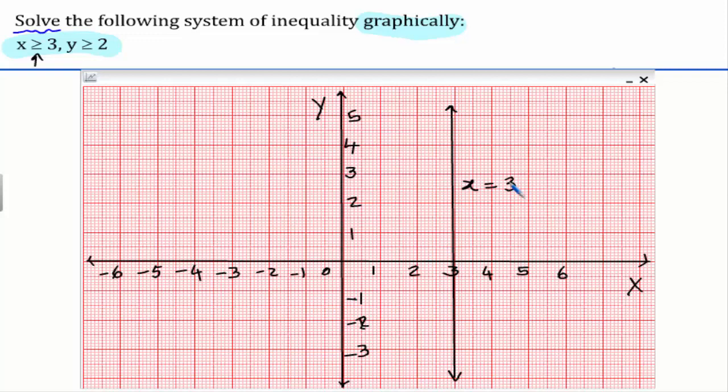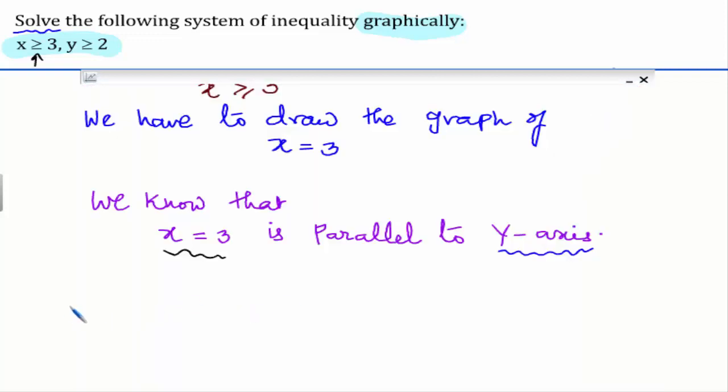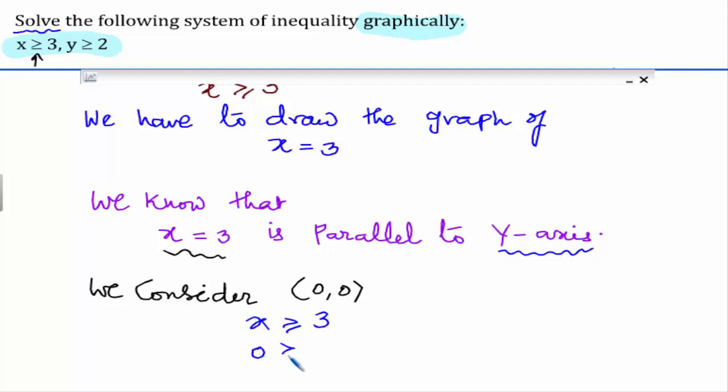Now we have to select the region. For that, we consider a point origin and we'll substitute into the inequality. This inequality is x greater than or equal to 3. So if we substitute here, we get 0 greater than or equal to 3, which is a false statement.